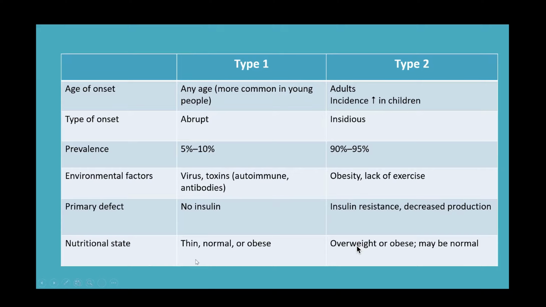And then what do they look like? Whether they're fat or thin is not fully suggestive of the type of diabetes they have. Type 1 diabetes patients tend to be more thin than obese, and type 2 patients tend to be overweight, but that is not set in stone.